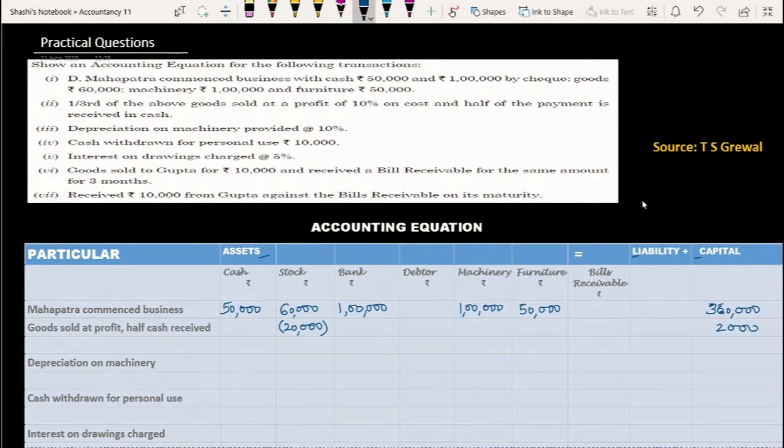Now 20,000 cost, 2,000 profit, that means 22,000 is the value of goods which are sold. And again it says half of the payment is received in cash. So half of 22,000 is 11,000, which is received in cash. So this will be added to the cash. The rest of the money is a credit transaction, and it increases our debtors, because debtors are the persons who owe to the business. So they have not yet paid.